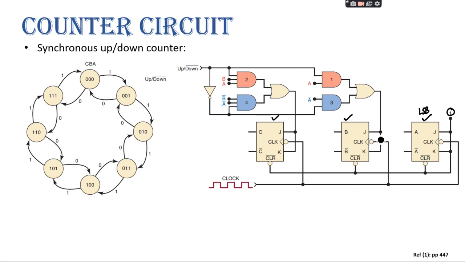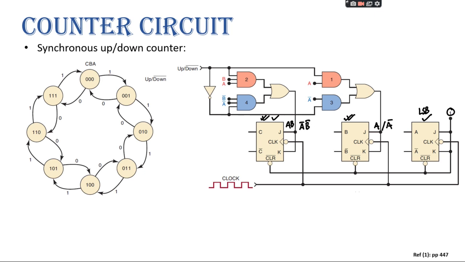Yes, sir. So whenever we are thinking about this flip-flop, how many flip-flops are on the right hand side? 1. Right? So here your input should be A if you want an up counter, or A bar when you need a down counter, right? Yes, sir. Similarly, if you are considering this flip-flop, how many flip-flops are on the right hand side? 2. So it can have either A, B as input for the up counter or A bar, B bar for the down counter, right?